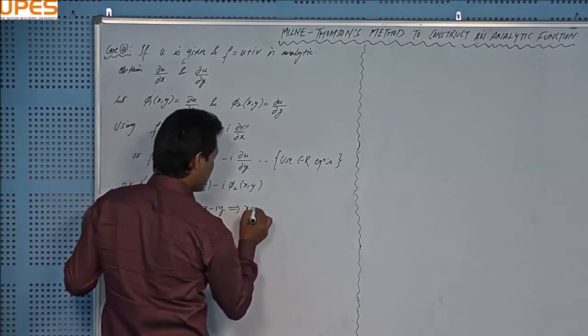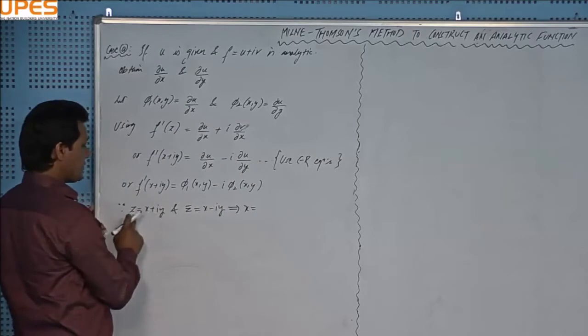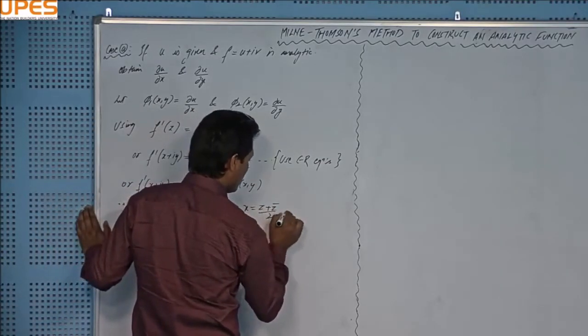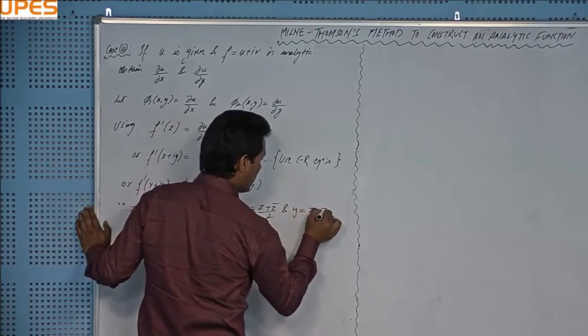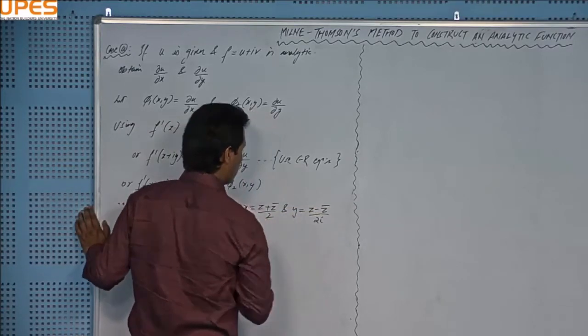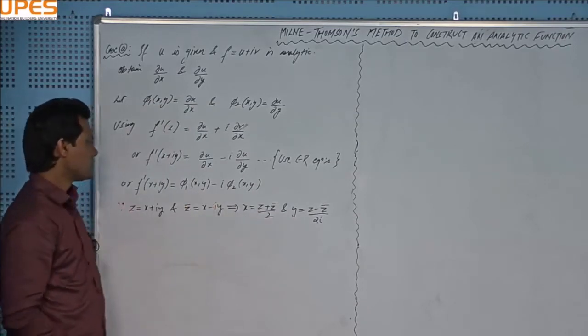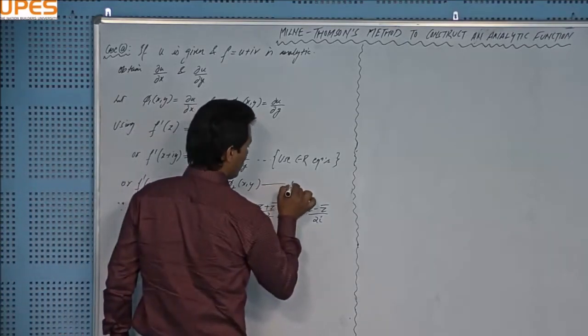This implies x equal to, on adding them, z plus z bar over 2, and y equal to z minus z bar over 2i. And I will plug these values of x and y into my relation, equation number 1.